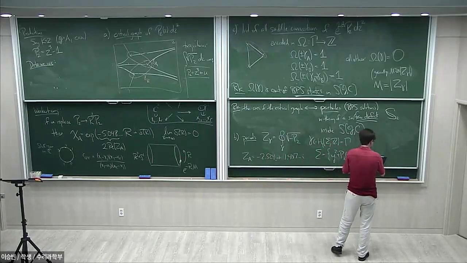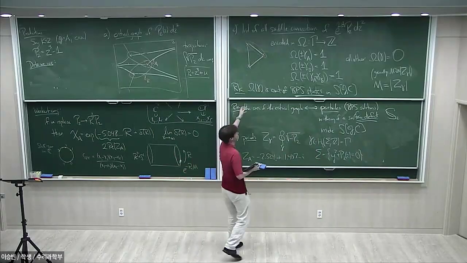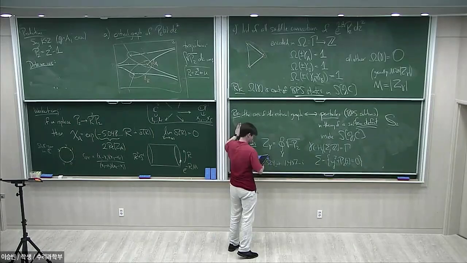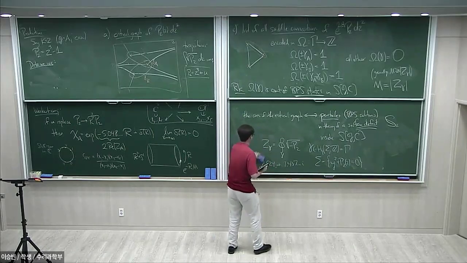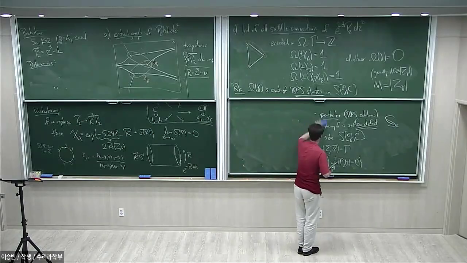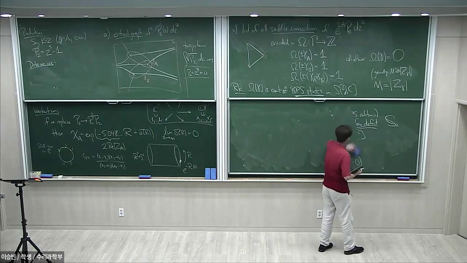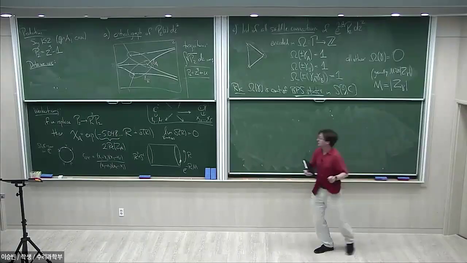So let me say, I probably won't get to say the strongest prediction, but let's say the middle prediction, because that already uses these BPS particles. Well, the prediction was something sharper.